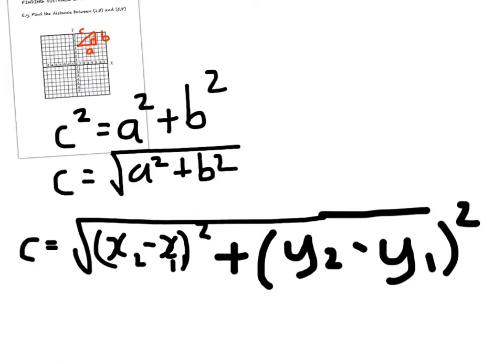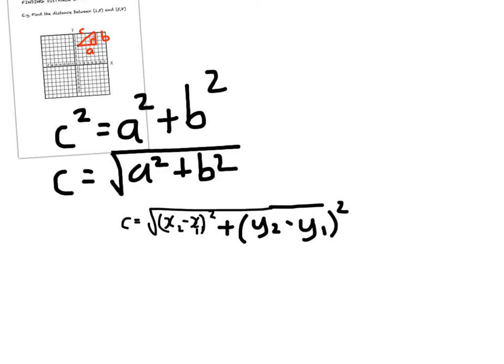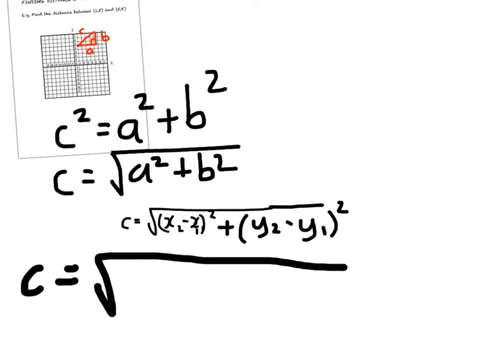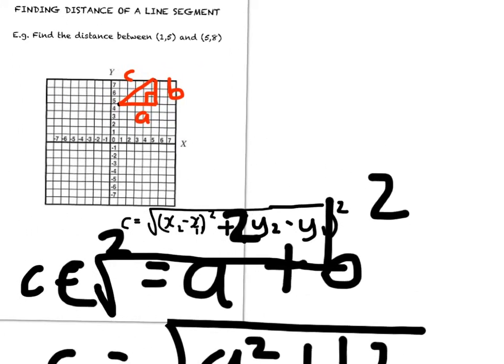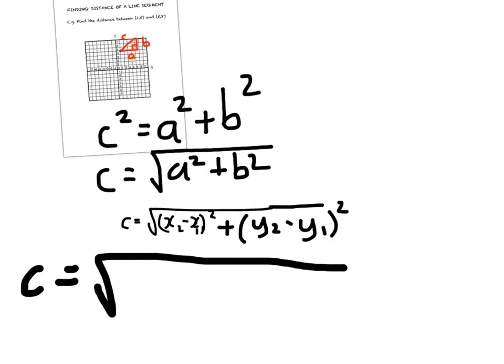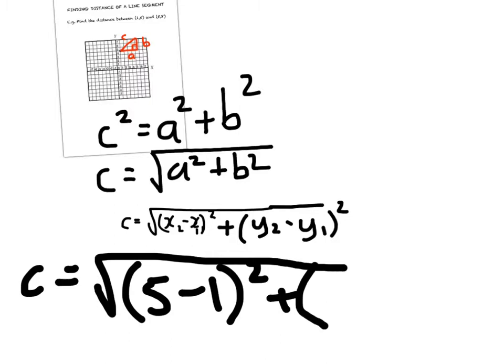Okay, so let's work this out. C equals the second x point, so x2, which is 5, x1 is 1, so 5 and 1, and 8 and 5. 5 and 1 for my x points, so 5 minus 1, remember to square it, plus the difference in the y points, which was 8 and 5.